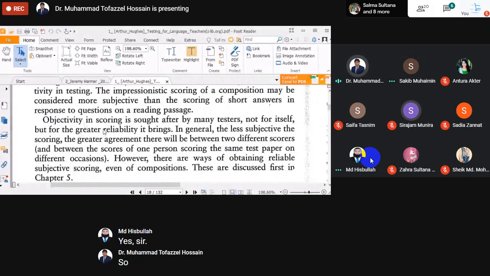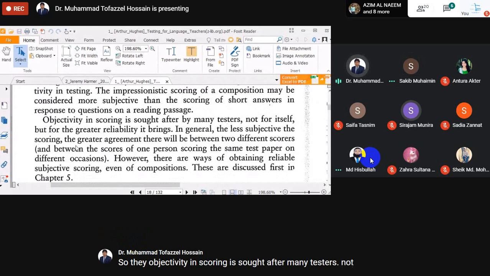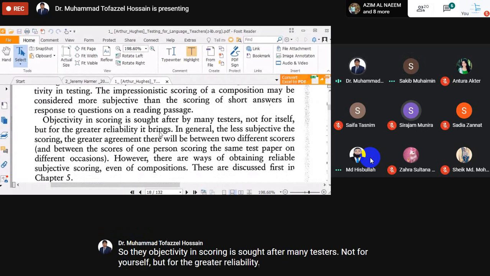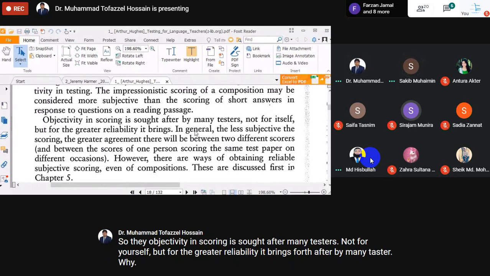So then objectivity in scoring is sought after by many testers, not for itself but for the greater reliability it brings. Why? Because it may not be reliable.